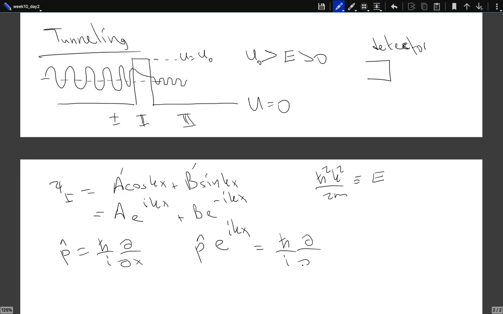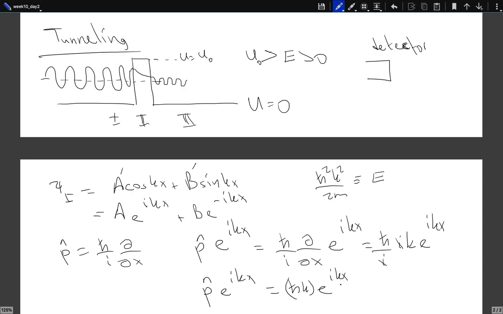This is h bar over i del over del x of e to the power i kx, which is h bar over i, and if you take the derivative, it will have i times k e to the power i kx. These i's cancel. So p hat e to the power i kx is equal to h bar k times e to the power i kx. So this wave function describes a particle whose momentum is equal to h bar times k.